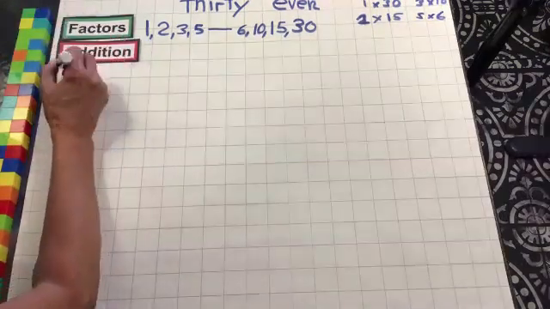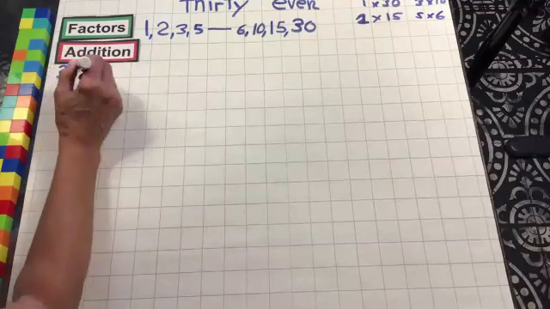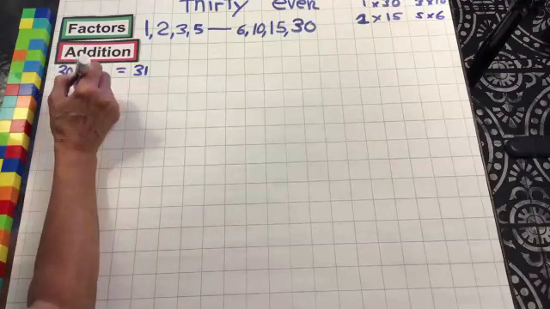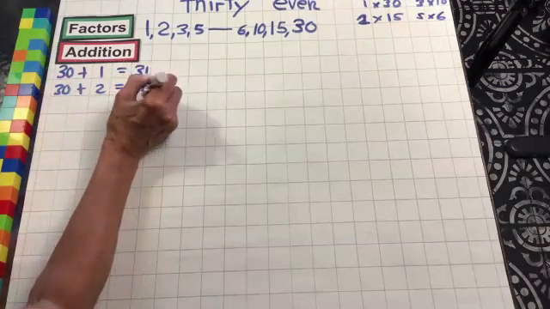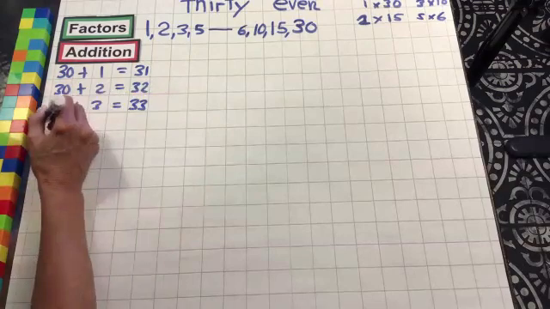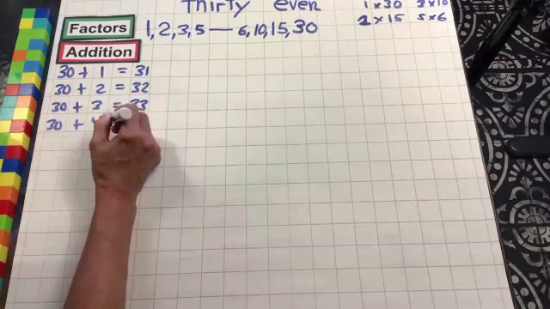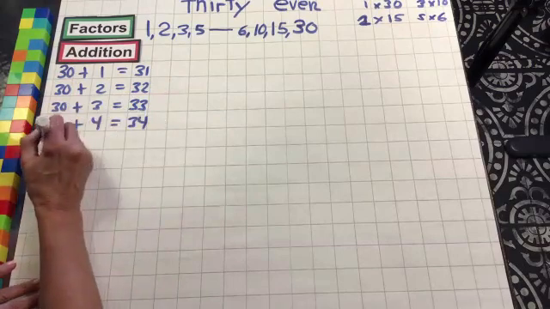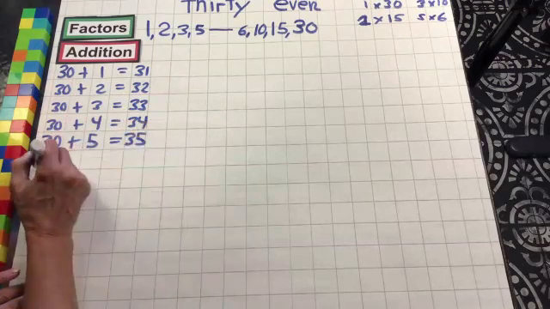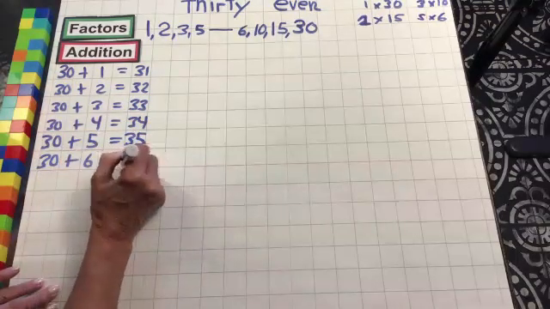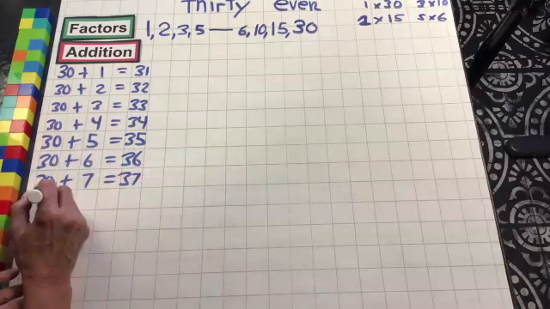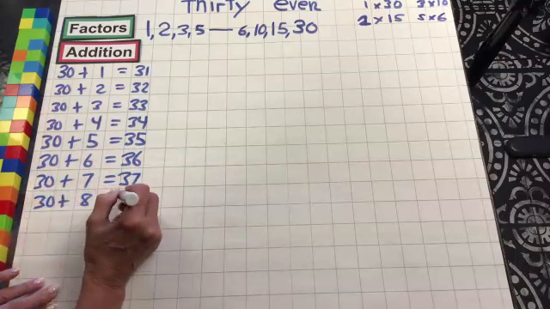This one's an easy one with it ending in a 0 in the ones place. 30 plus 1 equals 31. 30 plus 2 equals 32. 30 plus 3 equals 33. 30 plus 4 equals 34. 30 plus 5 equals 35. 30 plus 6 equals 36. 30 plus 7 equals 37. 30 plus 8 equals 38.